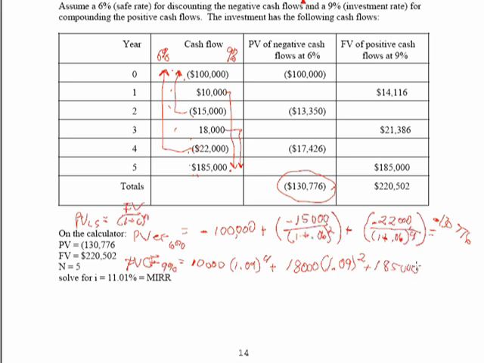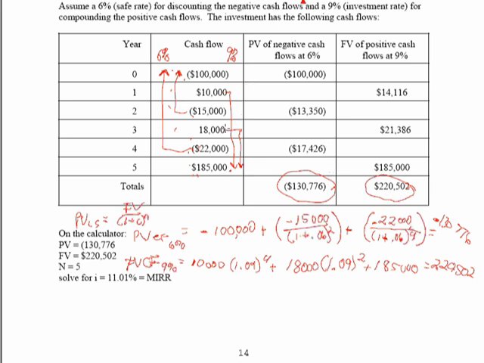And that doesn't need to be compounded because it's already at the end of the investment. So it's already at the end of year 5. So there's no compounding necessary. And if you do the number crunching, that should total to 220,502. Hopefully it's very close to 220,502, which is the number we got here.